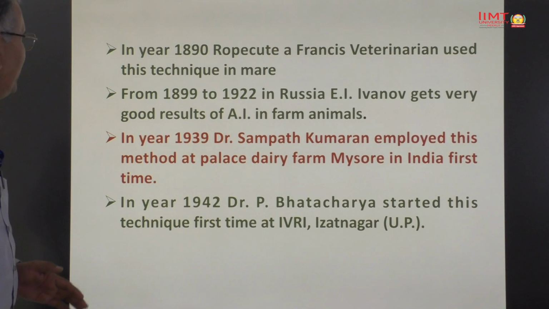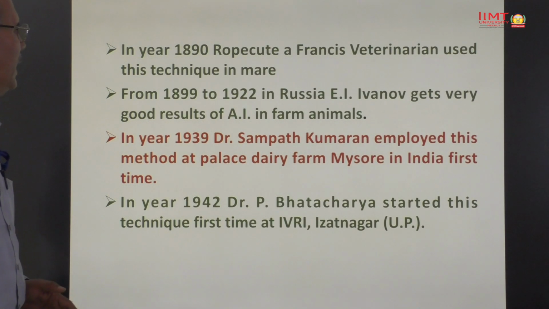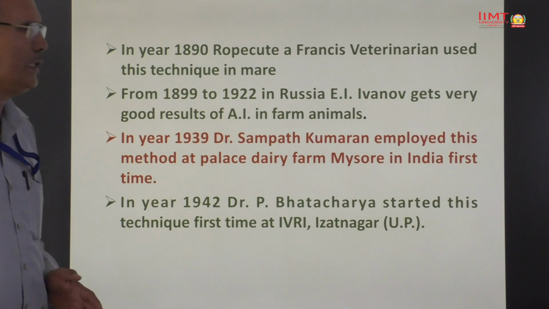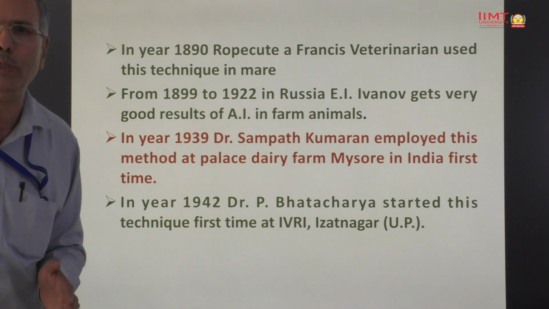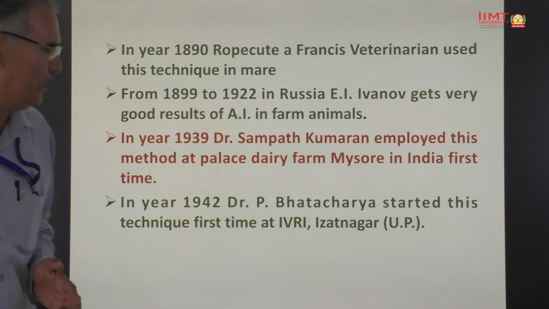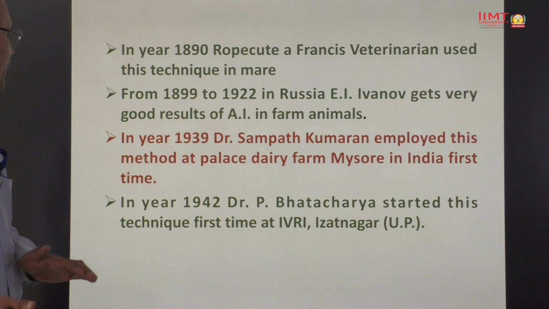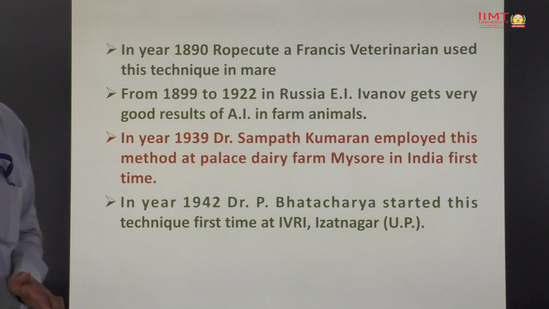From 1899 to 1922, in Russia, E.I. Ivanov got very good results of artificial insemination in farm animals, in cattle and buffaloes. In the year 1939, Dr. Sampath Kumaran employed this method at Palace Dairy Farm, Mysore in India for the first time.